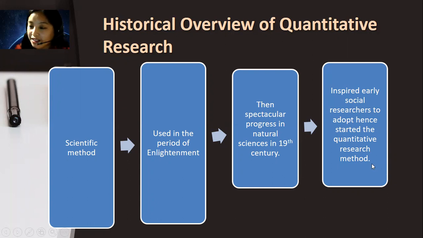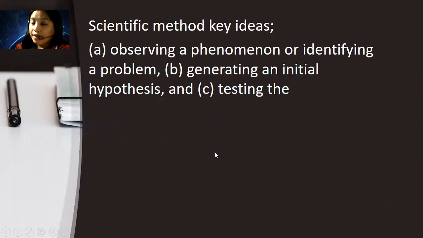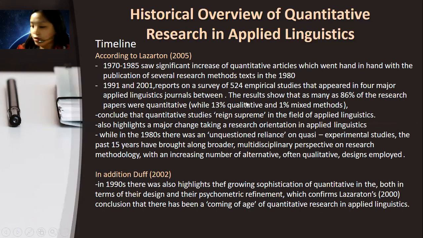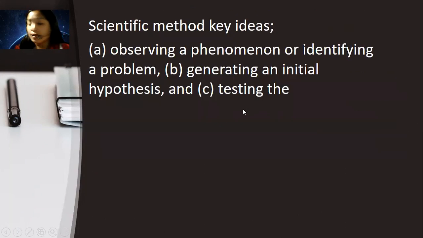So basically, the scientific method is the reason why we have the quantitative approach, and it is also the basis of our research. The scientific method ideas are: A, observing a phenomenon or identifying a problem; B, generating an initial hypothesis; and C, testing the hypothesis by collecting and analyzing empirical data using standard procedures.